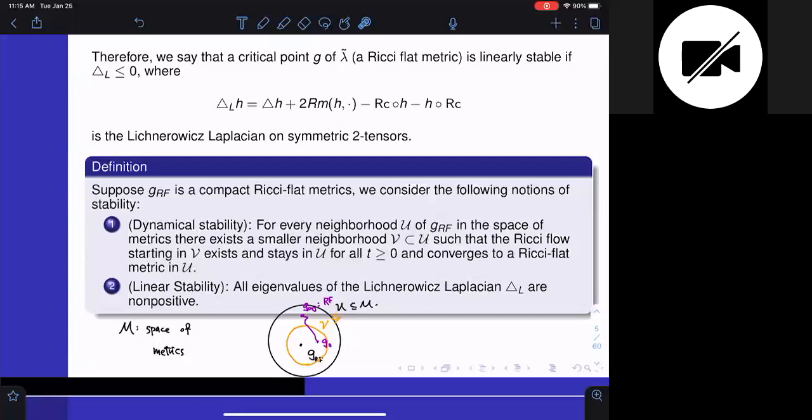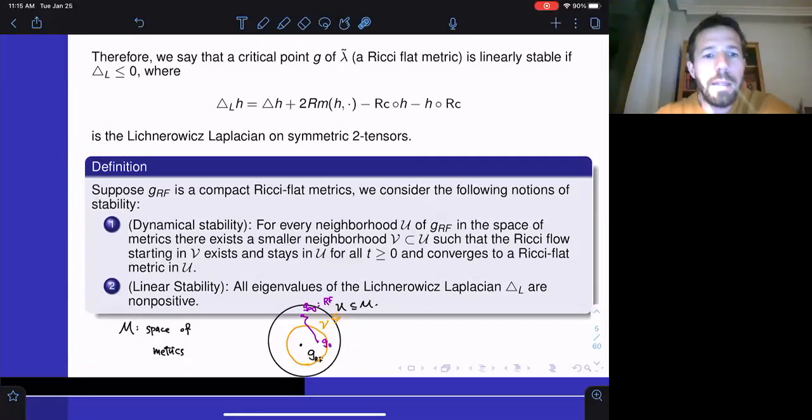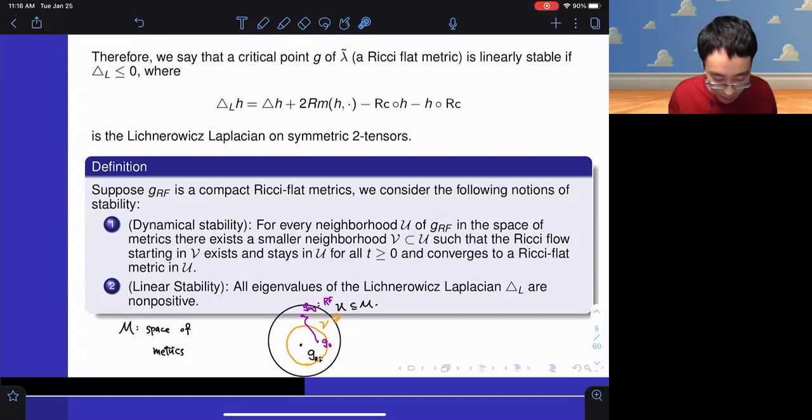So wait, sorry. In the notion of dynamical stability, why don't you impose that the Ricci flow converges to the Ricci flat metric that you have fixed? Okay, I understand your point. Because there are some cases where the Ricci flow may not flow back to our original metric.